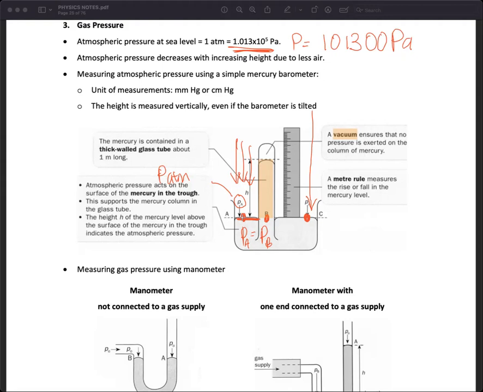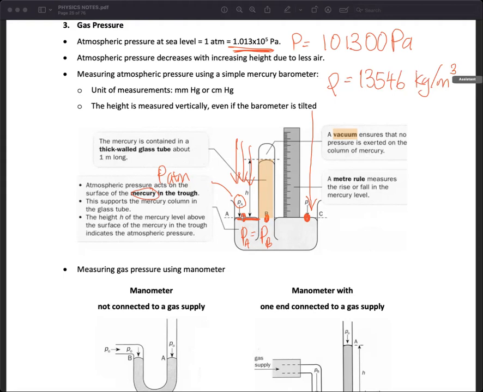And if I tell you the liquid I'm using is mercury, and just now I told you the mercury density is how much? The mercury density is 13546 kilogram per meter cube.